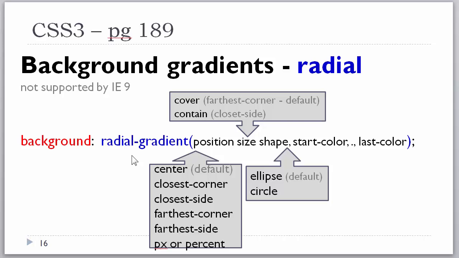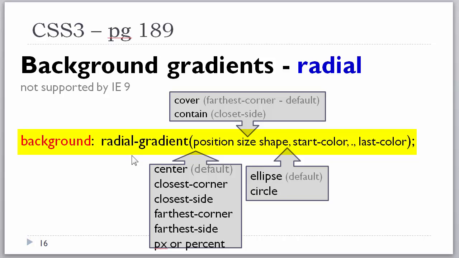Okay, we also have radial gradients. Although linear is generally more common, we also have radial. So here again they function like an image. They are a value of the background property and they take some parameters. Here again the only required parameter is 2 colors.